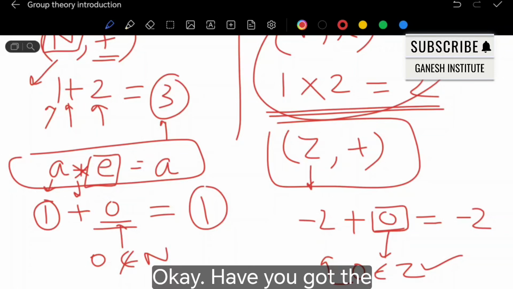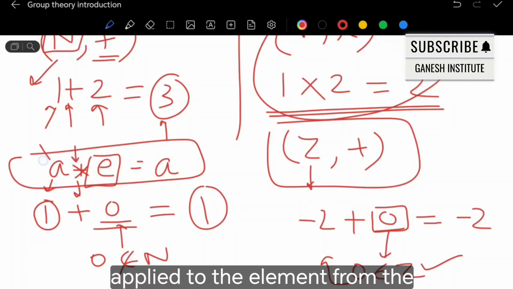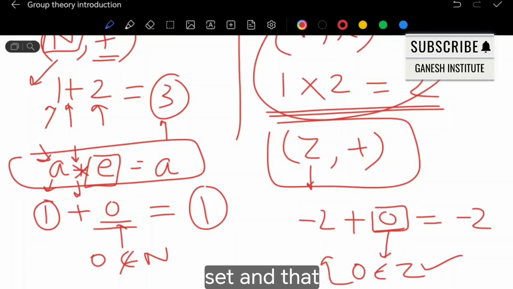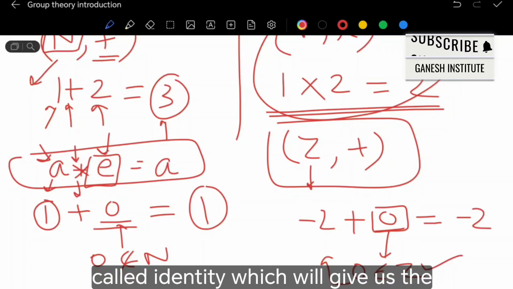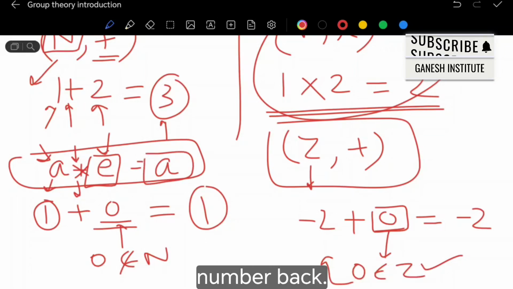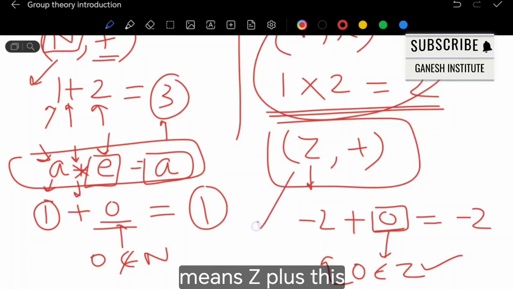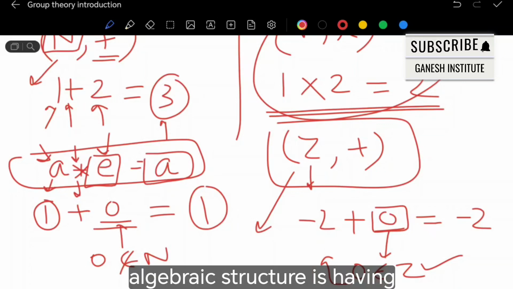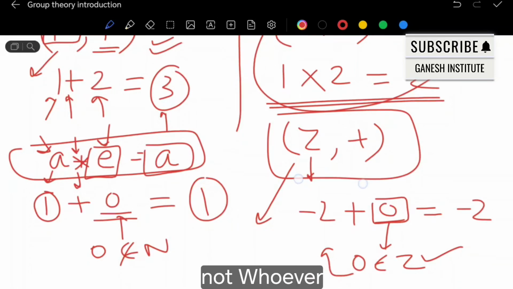Okay. Have you got the identity thing? So for identity, the operator should be applied to the element from the set, and that number is called identity, which will give us the number back. Okay. So that means Z plus, this algebraic structure, is having identity's existence, whereas N plus does not.